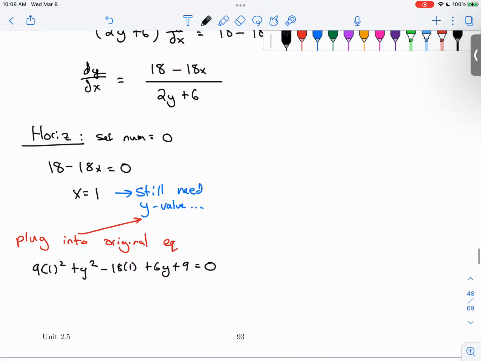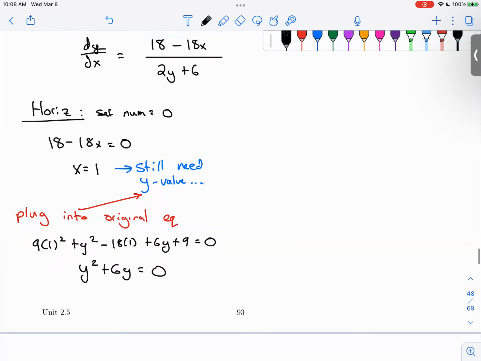And so we get y squared plus 6y is equal to 0. Let's factor. That gives you y equals 0 and -6. So our points are (1, 0) and (1, -6).